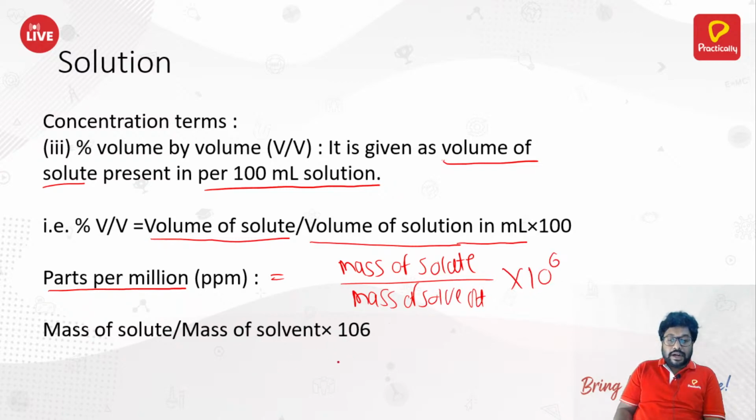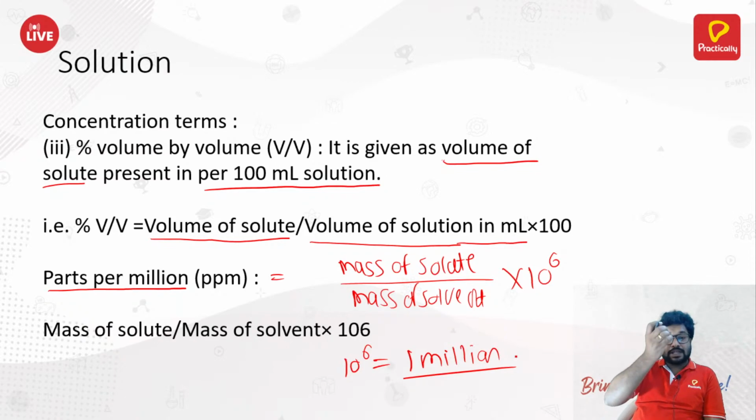Now you all know 10 raised to 6 is also called 1 million, basically 10 lakhs. That is why parts per million means the parts of solute present in 10 raised to 6 parts of solvent.